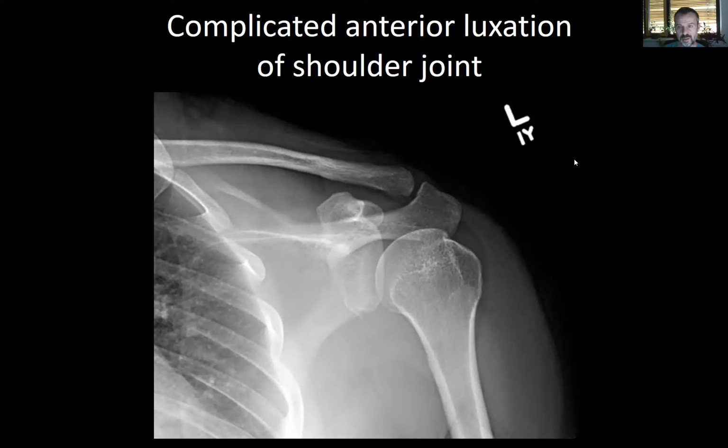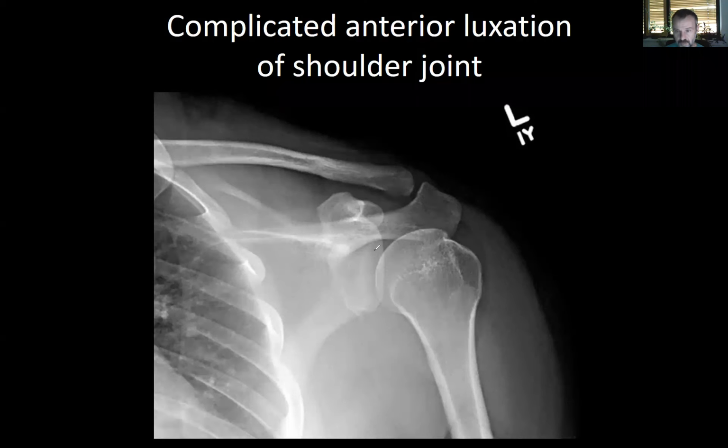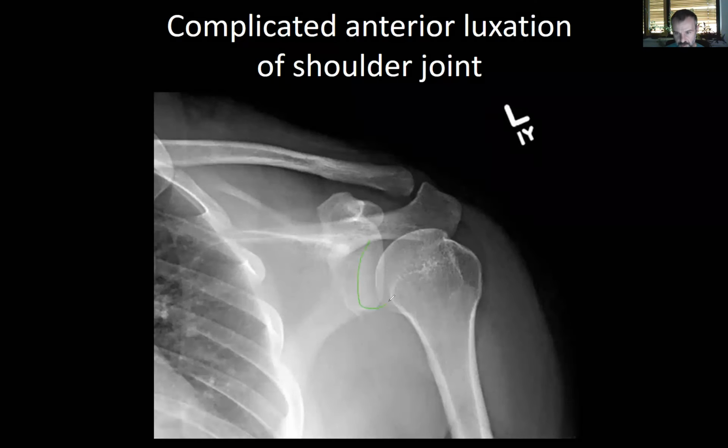And that's another X-ray showing luxation ventrally. So the luxation ventrally then closes this area, and the bone is rotated to the ventral side as well.